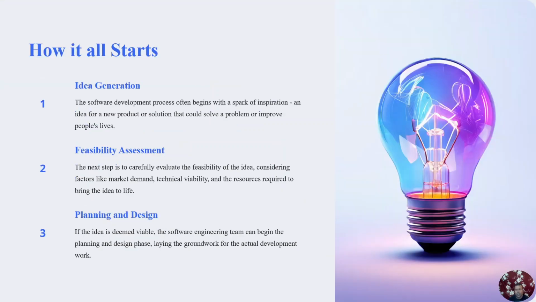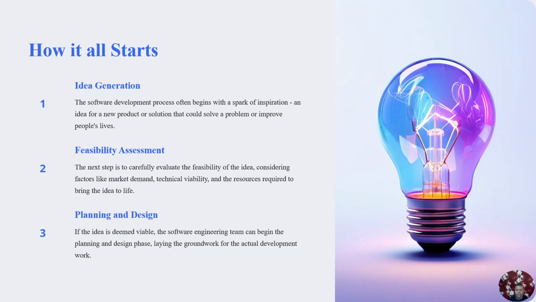Now let's see how it all starts. First, idea generation. The software development process often begins with a spark of inspiration, an idea for a new product or solution that could solve a problem or improve people's lives. Feasibility assessment.